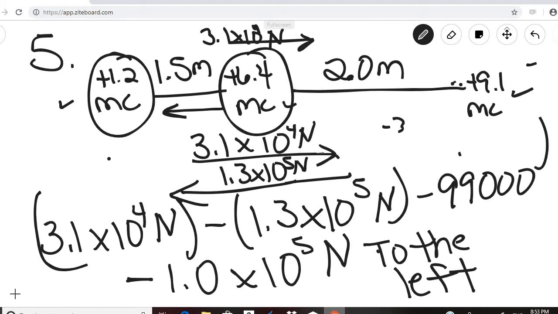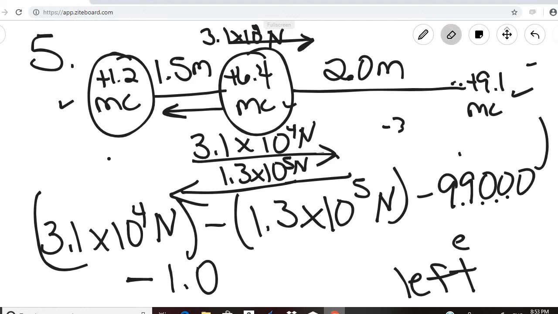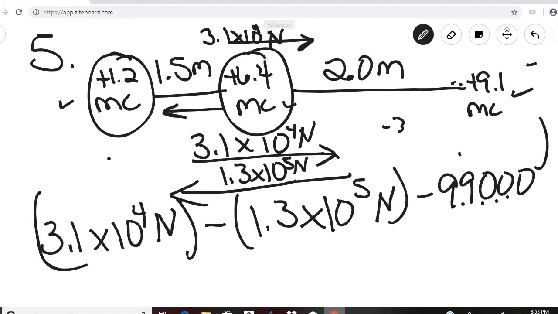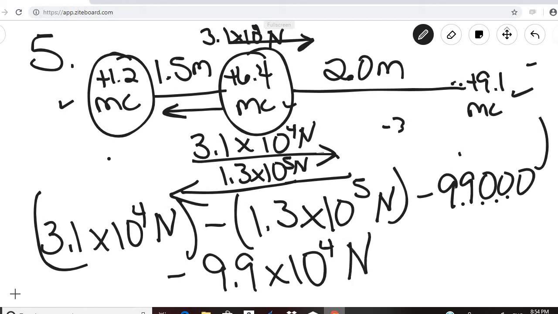So I guess you could say 9.9 times 10 to the 4 newtons. And the negative sign again tells you that it is to the left.